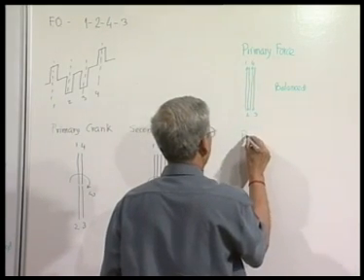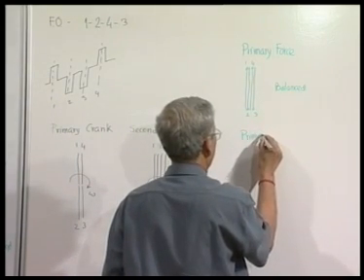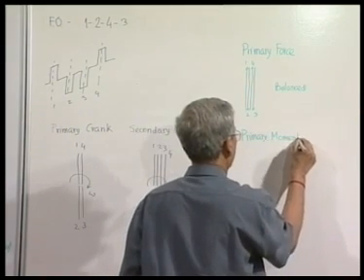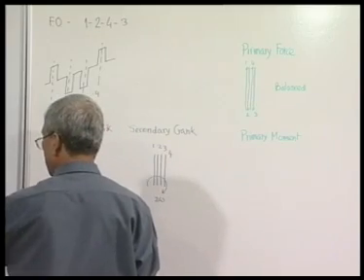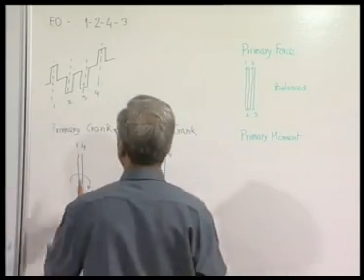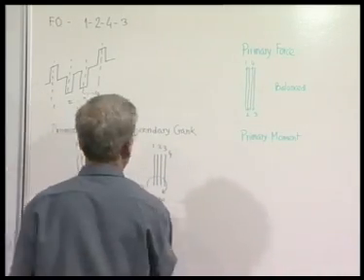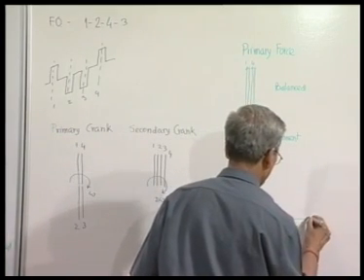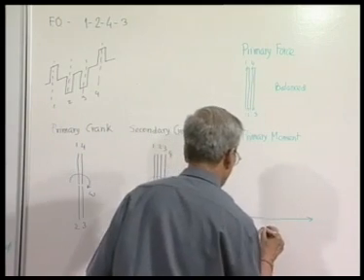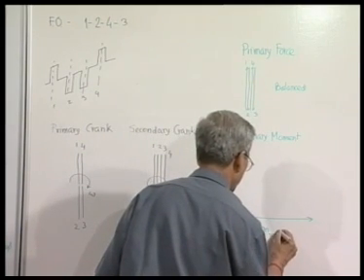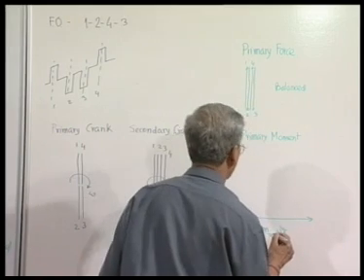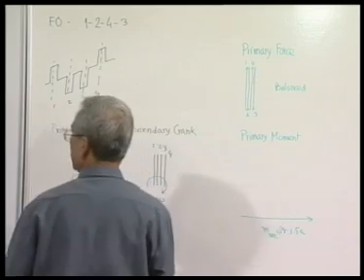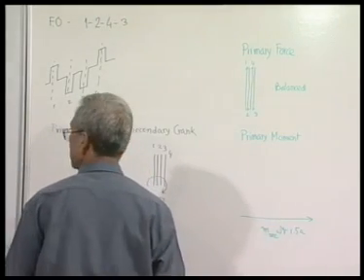Primary moment. So, primary moment, the force 1 will produce moment in this direction, and that is m reciprocating omega square r into 1.5 A. Second one is in this direction.